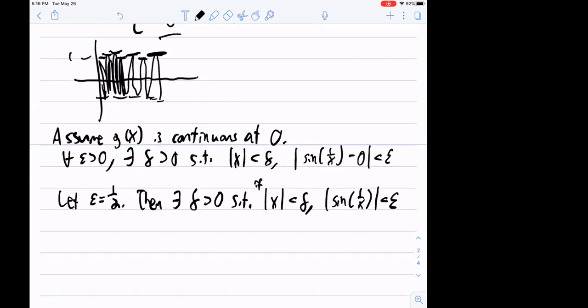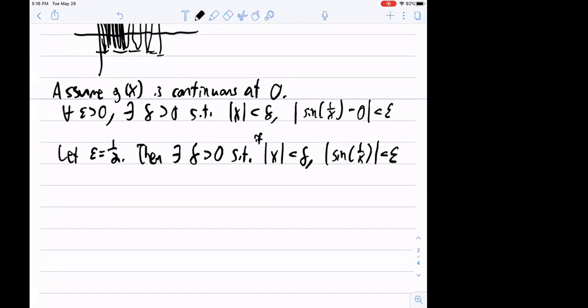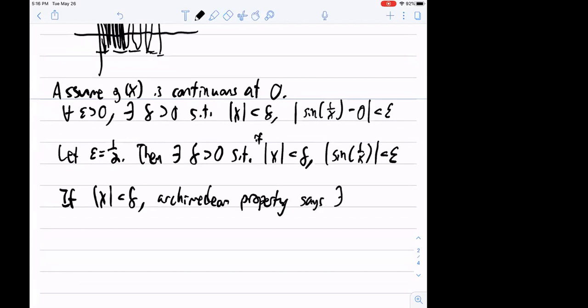So the idea is, okay, well, if the absolute value of x is less than delta, the best thing to do is the Archimedean property, which says there exists n in N such that 1 over n is less than delta, right?